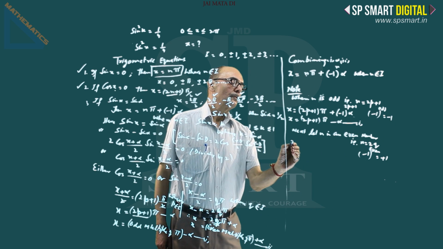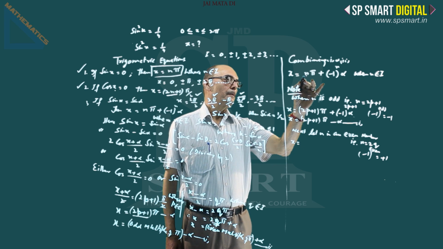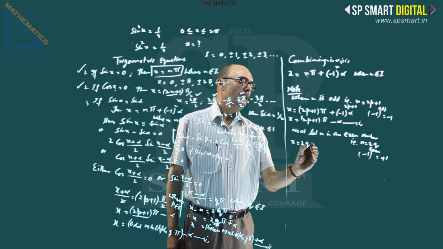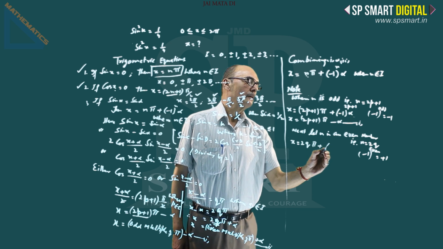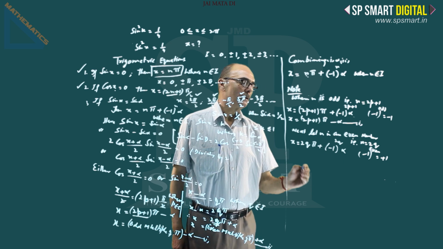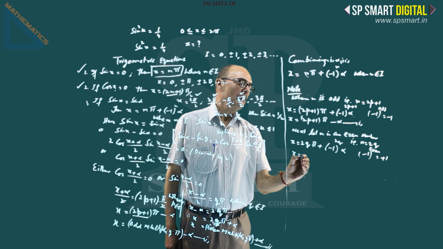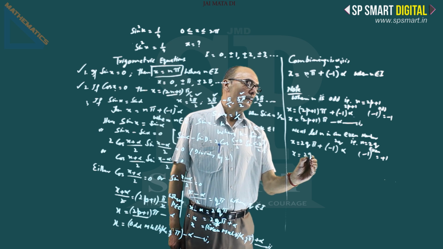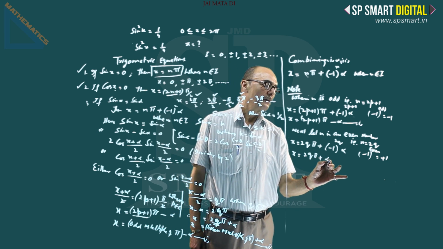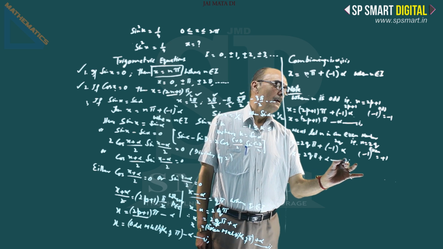So, we have x equal to, in this formula replace n by 2q: 2q pi plus minus 1 raised to power 2q into alpha, or x equal to 2q pi plus alpha, the second result.